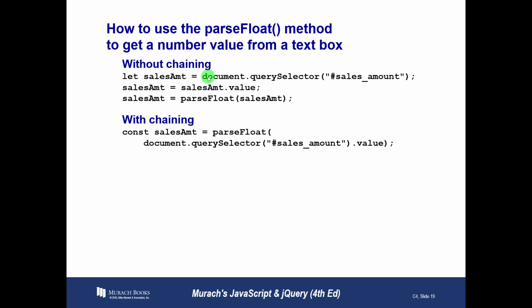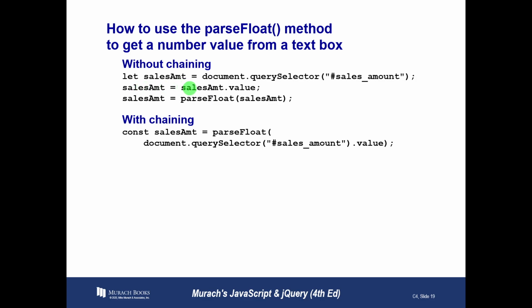So we're querying the document, saying, give me the HTML element that has an ID of sales amount, and we're storing a reference to that in the sales amount variable that we create. Okay. Then we're going to take that reference to that text box, and we're going to say, give me the value out of that text box, and just store that back in the same variable.